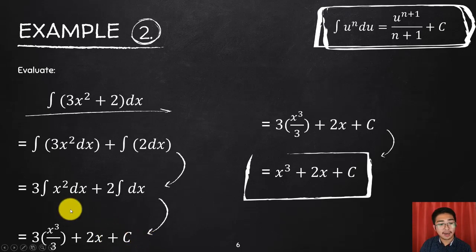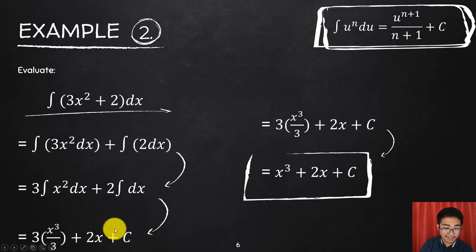Now, you might be wondering, there are 2 separate integration processes here, but there is only one constant of integration. It's actually okay. You don't need to write multiple c's or multiple constants of integration, because this c is already symbolic of the possible constants that may be present for the 2 or 3 more terms.